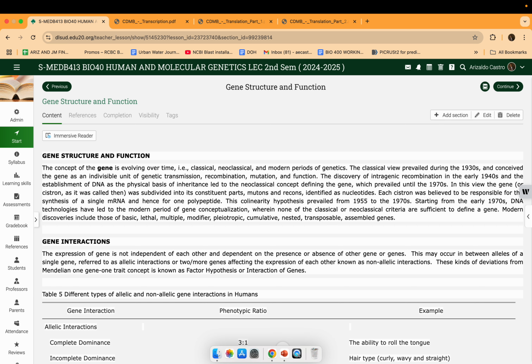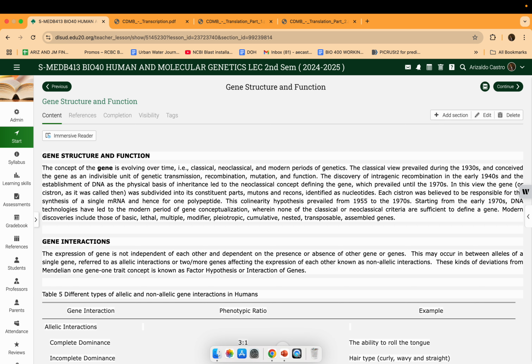The modern definition already includes interactions of the gene with other genes or allelic forms of that specific gene.